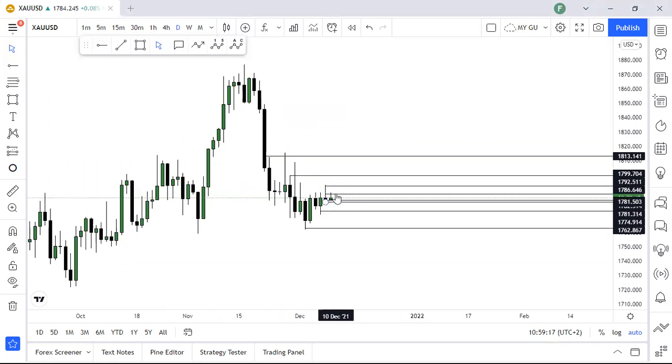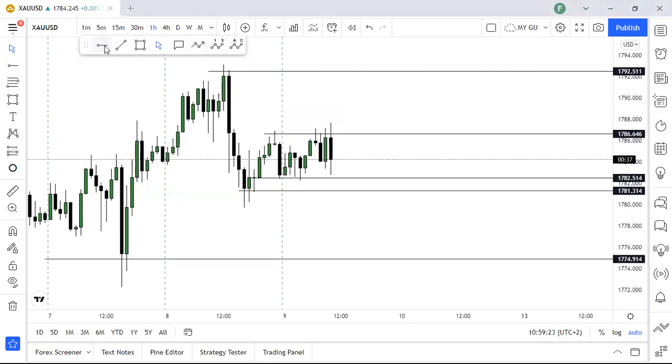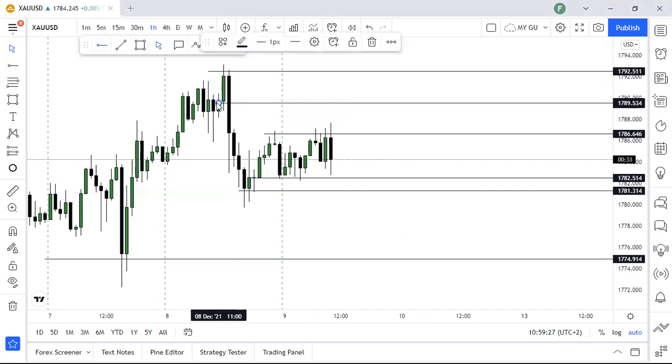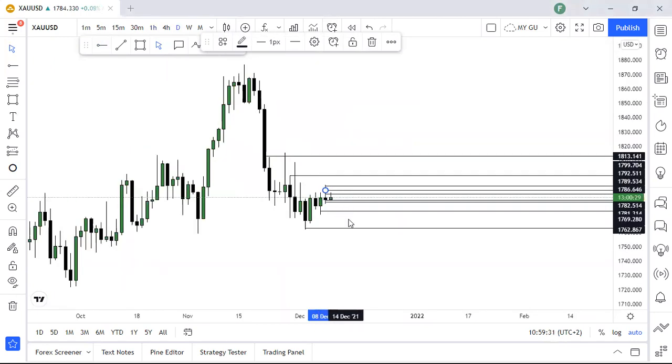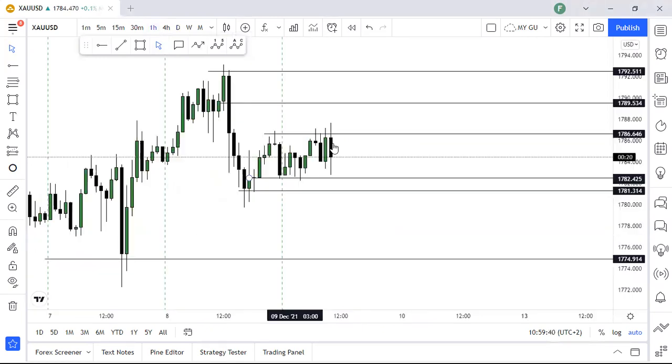Price might want to do a wick fill before it goes lower, and that wick fill will be around this last bullish candle before price went down. So on your daily time frame, price might want to reach this level right here before it goes lower. As long as it does not close above yesterday's high, it's going down.